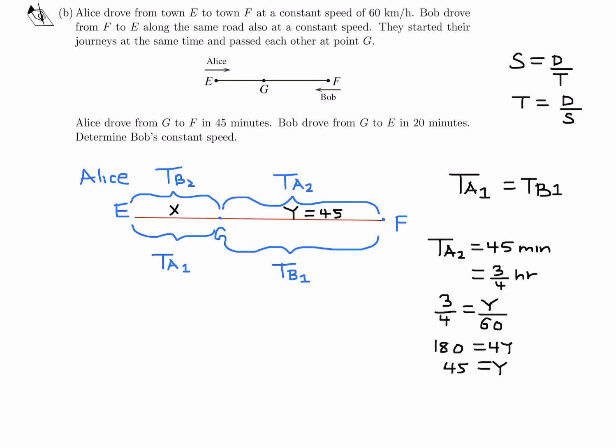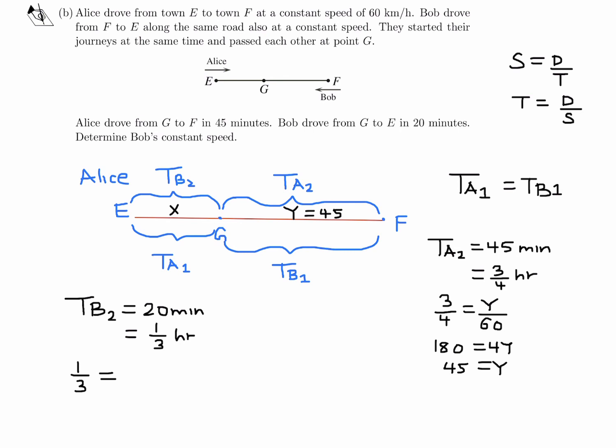And in a very similar way, we will now talk about TB2, because they have a little bit of information for that. They tell me in the question that is 20 minutes. So that's 20 minutes. And in hours, that's going to be 1/3 hour. Right? So in a very similar way, using this formula, let's see if that helps us. 1/3 will be equal to the distance.